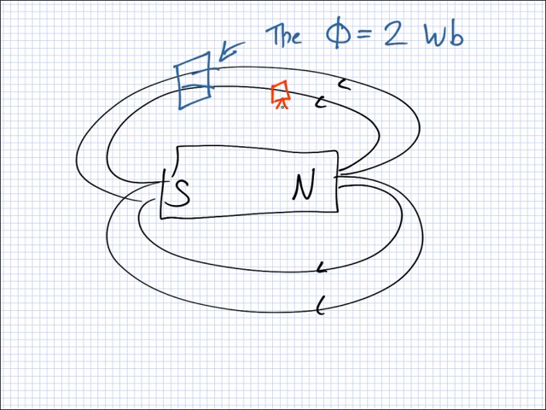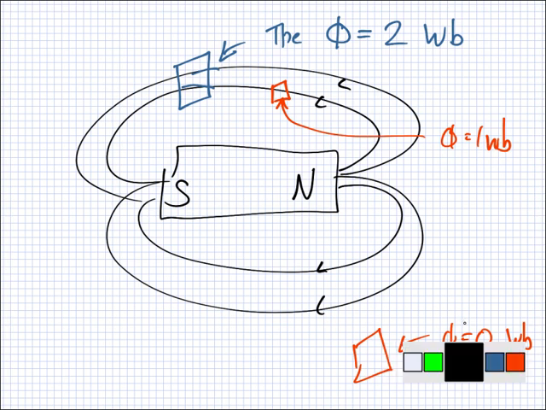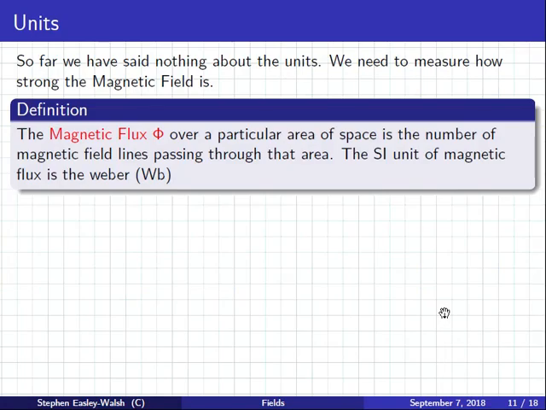Here I could say in this space it is 1 Weber. Here in this space I would say there are 0 Webers. Are you confused? We'll get to rules, don't worry. So this is the definition of magnetic flux.